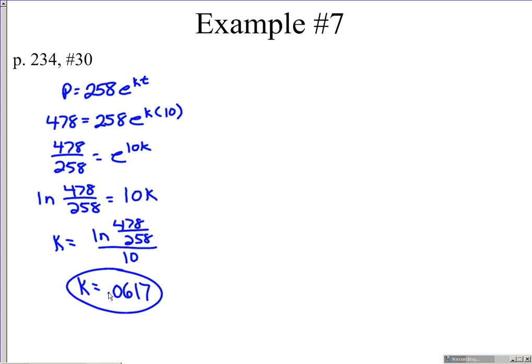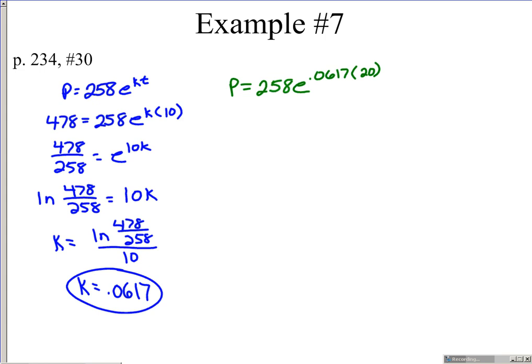Now part B asks us to predict the population in 2010. So go back to our original model, which is now 258 e to the 0.0617 times T power. 2010 is 20 years after 1990, so T is equal to 20.